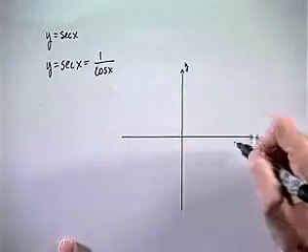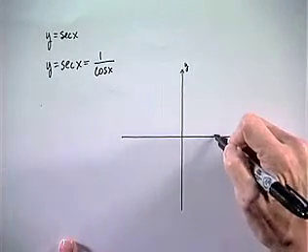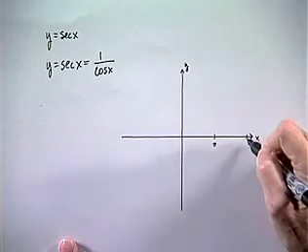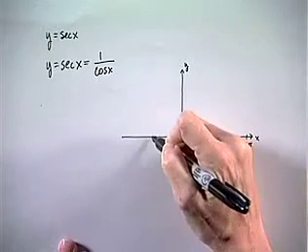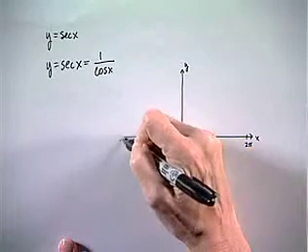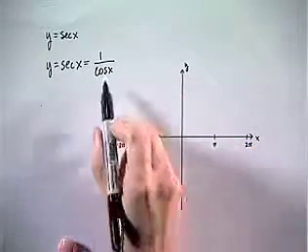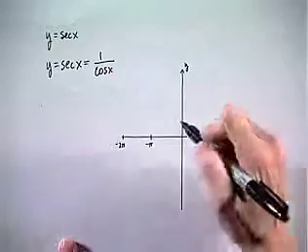Recall that, let me scale my x-axis first to pi and 2 pi, negative pi and negative 2 pi. So I'm going to graph just the cosine, not the secant for the time being.